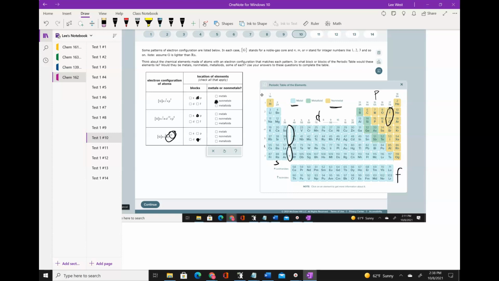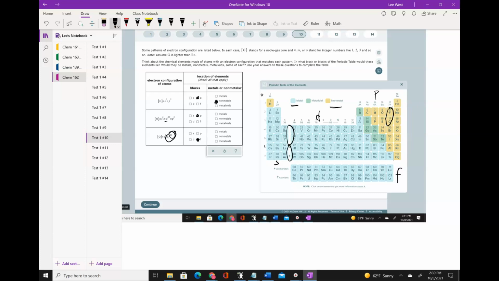All right, now the next one is interesting. We have D electrons, and our element is in the P block, and it's the 6th member of the P block. So 1, 2, 3, 4, 5, 6. So it's in here, but it has D's, but not F's.